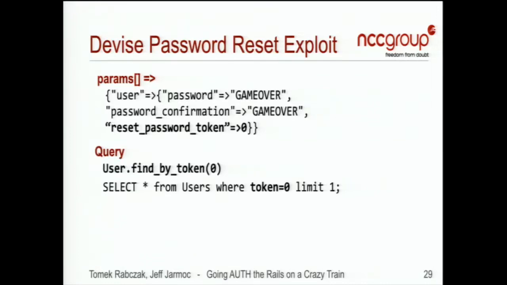In the Rails code, we're doing a lookup of a user object based on that token 0, which ultimately gives us a select where token equals integer 0. As a result, that pseudocode that I showed earlier is going to reset the password of the first user that has an outstanding token. Now that's a little bit simplified because it's going to be the first outstanding token that doesn't begin with an integer. But generally you can think of it as the first outstanding token.